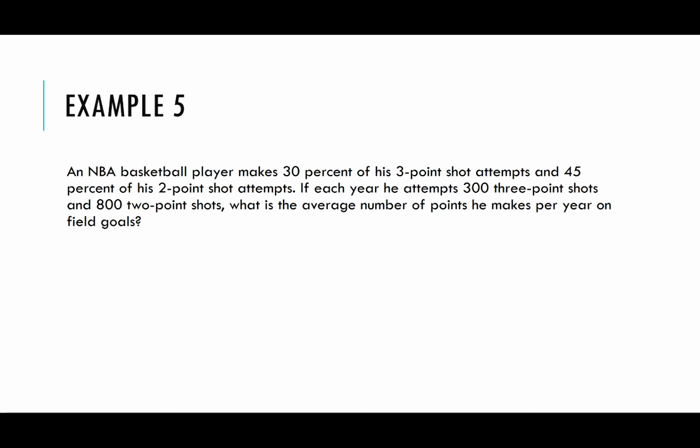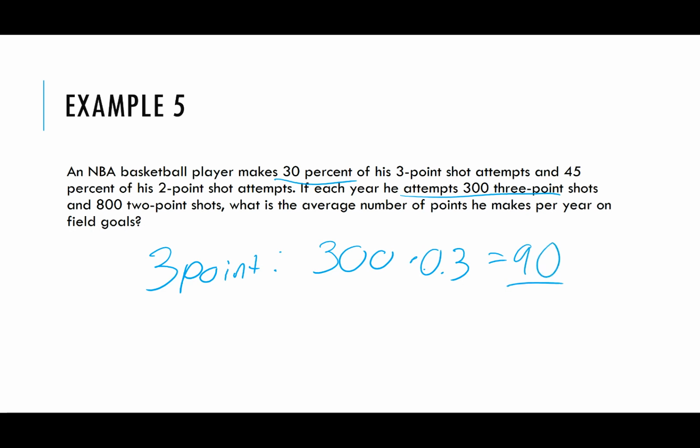So his three-point shots, he is attempting 300 three-point shots, and he's expected to make 30% of them, so 0.3. So if he takes 300 and he makes 30% of them, that is 90 made shots.